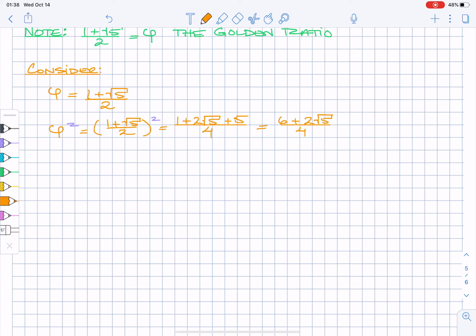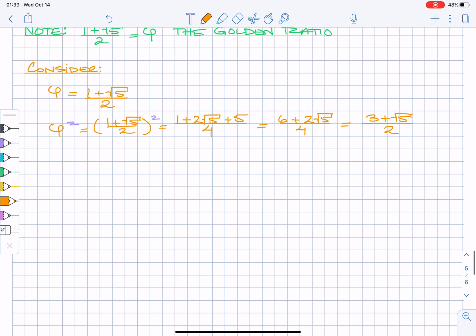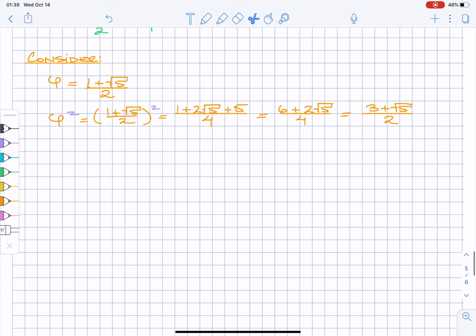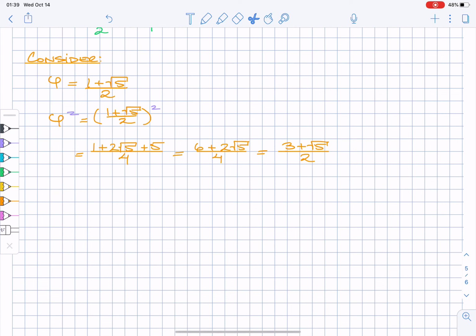Well, there's a 2 common to each term, so this is 3 plus root 5 all over 2. I claim that I can write this as 2 over 2 plus 1 plus root 5 over 2.